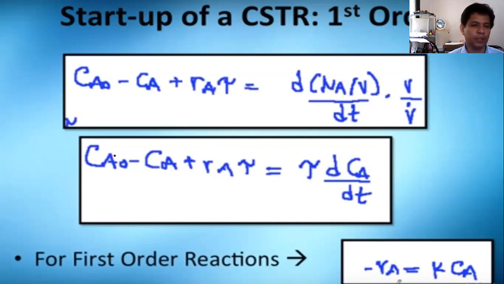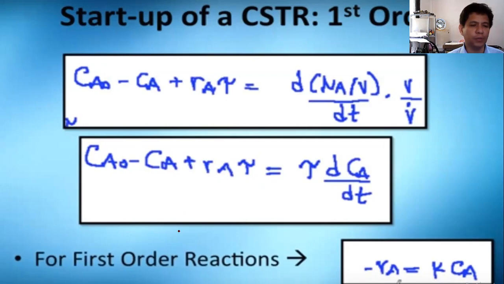Of course, you need the initial concentration and the tau value, so you need the volume of the reactor and the volumetric flow rate, plus the equation for the rate of the reaction, whether it's k C_A or k C_A times C_B.